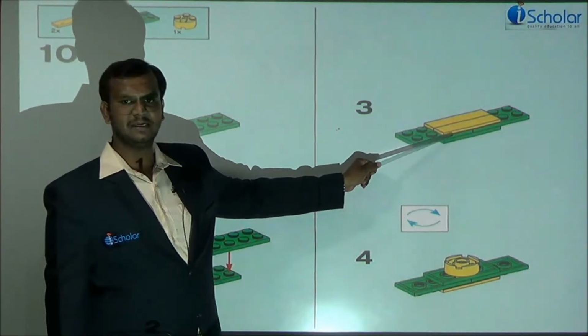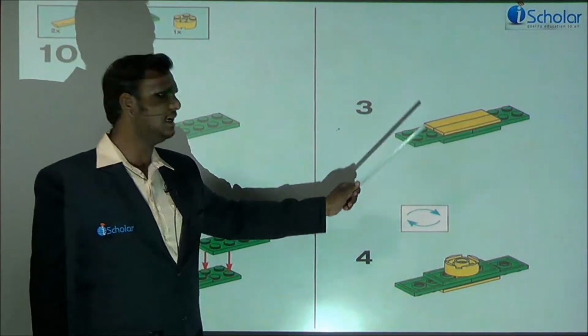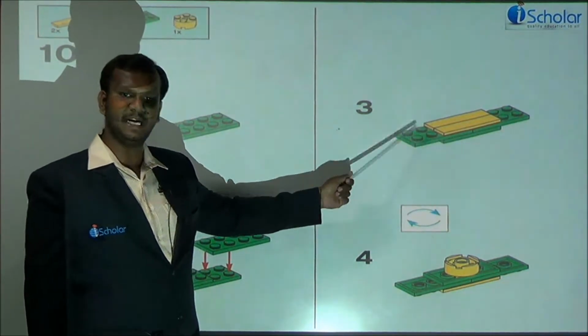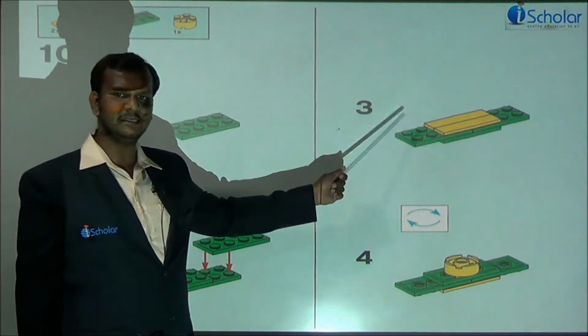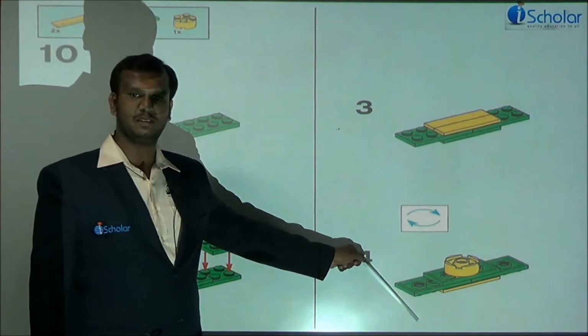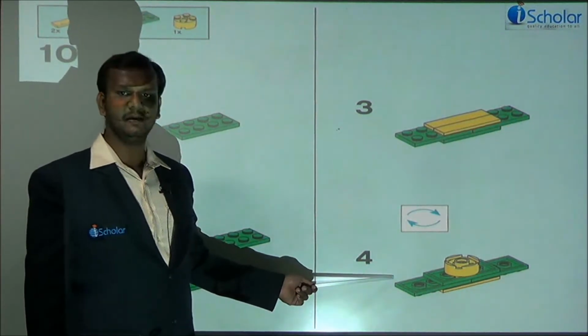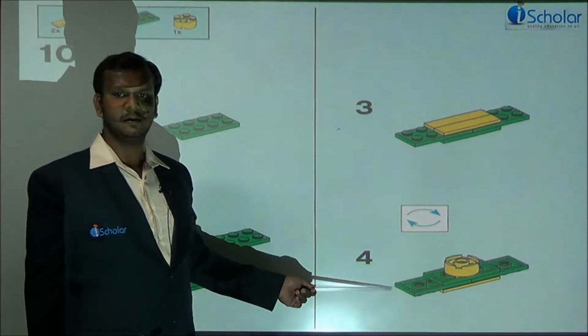Place the supporting beds at the center, and the next thing, just turn this particular product upside down and turn this. Underneath you have to fix the arm facing downwards. Okay, so you will be getting a design like this.